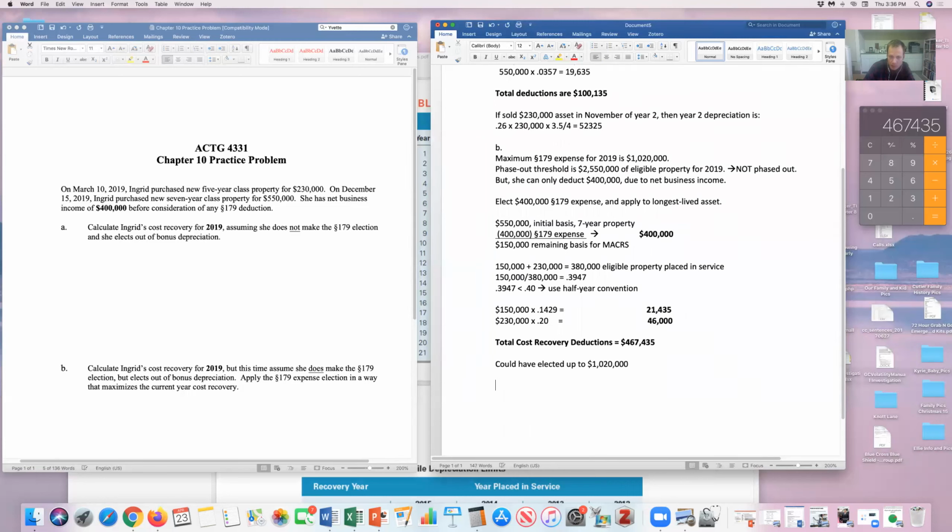So what she could do is, on the $550,000 of 5-year property, she could elect to expense all of that under section 179 expense.